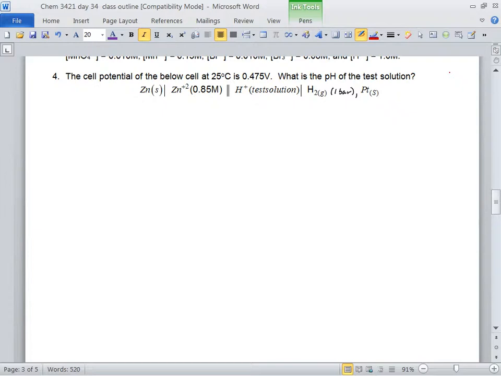Let's pick on Andy. What's the pH? That means we have to really find what in the end? Concentration of hydrogen ion. We got to find that. So we need an expression with a concentration of hydrogen ion in it. Marlena, where would you start on something like that?